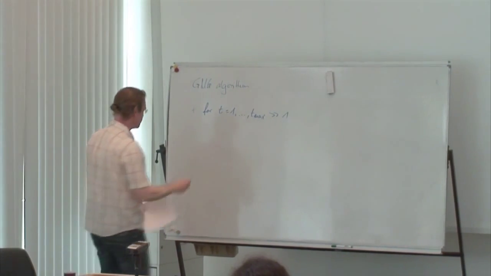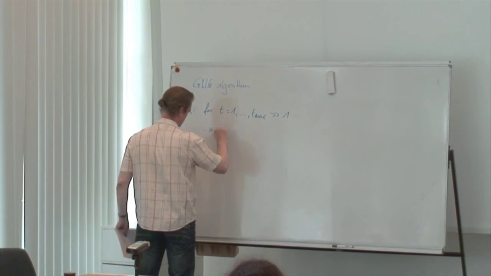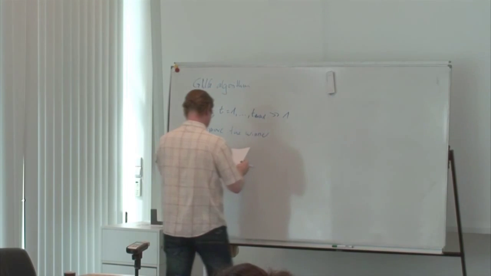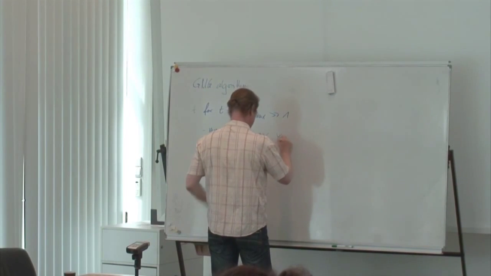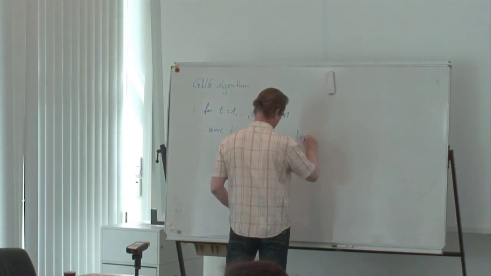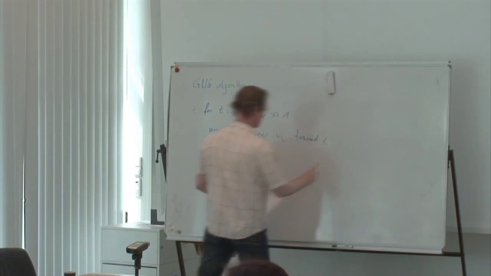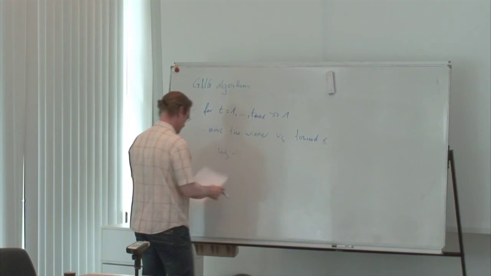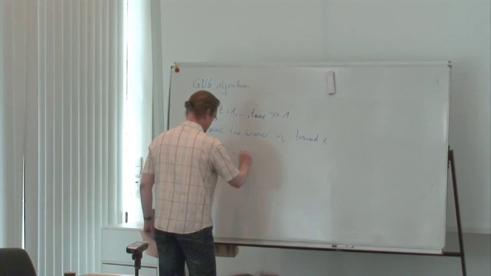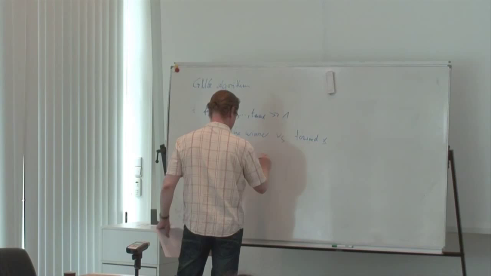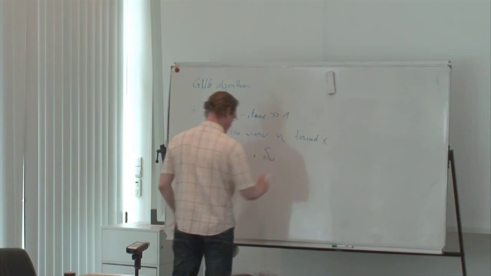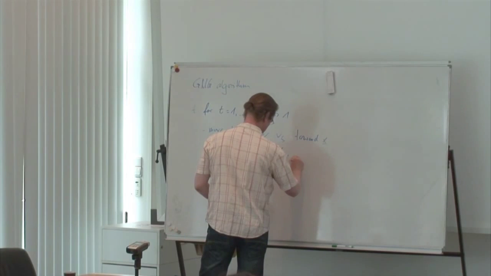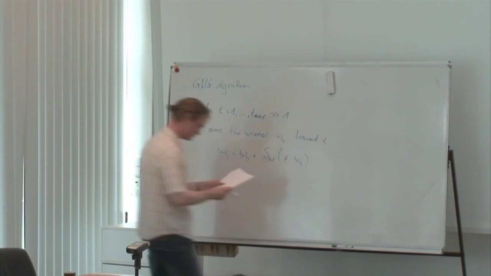And then we move the winner Vs towards this sample point, basically just as we did before. Ws will be updated to Ws plus some constant delta W for winner, times x minus Ws.